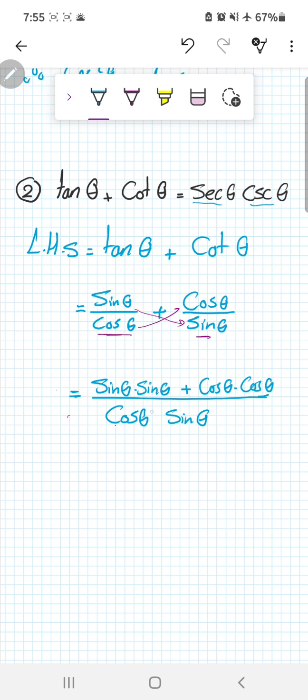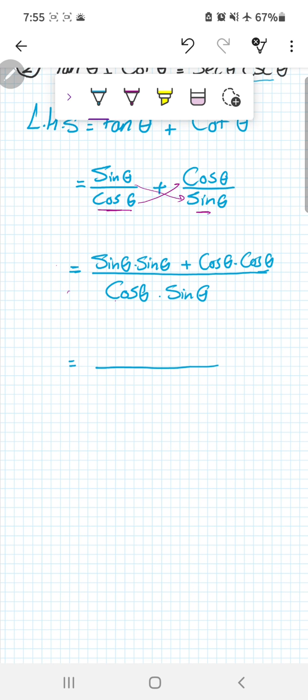Here the dot means times. Sine theta times sine theta, like x times x, will be x power 2. So sine theta times sine theta will be sine power 2 theta, plus similarly cosine theta times cosine theta, cosine power 2 theta, over cosine times sine.